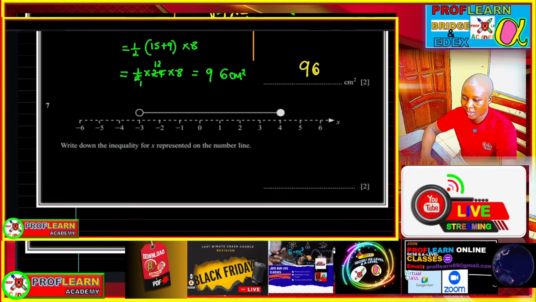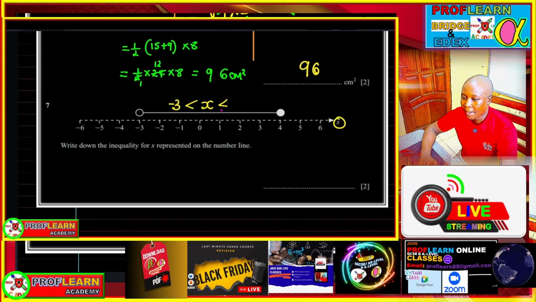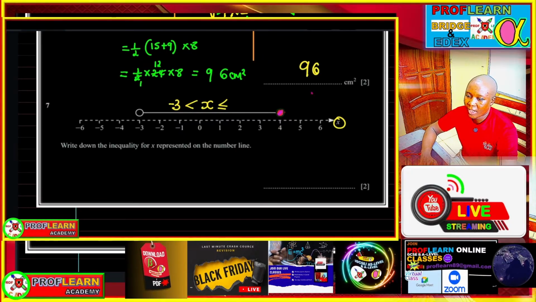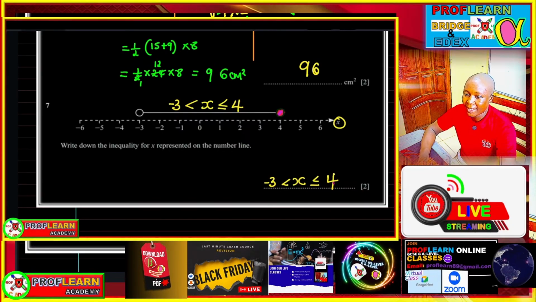So candidates were to write here, this is X, because the number line is in terms of X. X is greater than -3, less than, but equals to, because this is shaded here. So we have to include the equality part of it, and that is going to be 4. Then we transfer it here so that we can make the examiner happy.